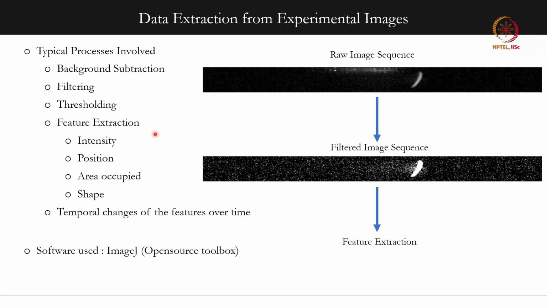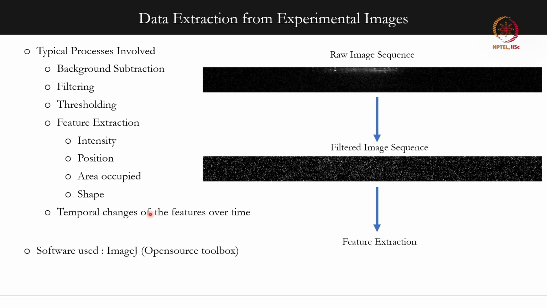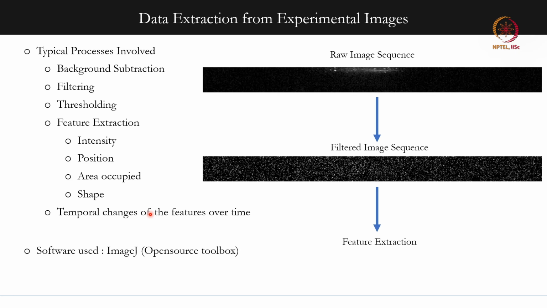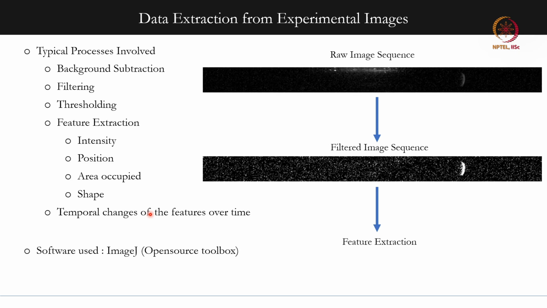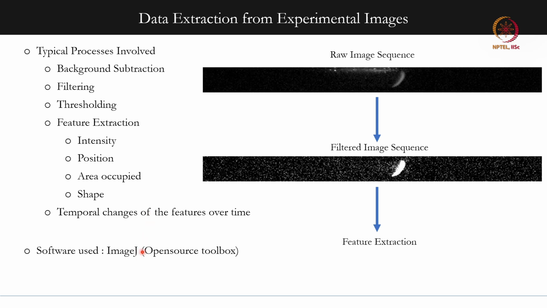Once we have the temporal variation of these features, we'll be able to understand and essentially characterize the dynamics of this problem. For this I'll be using an open source toolbox called ImageAim, which we'll see in the next slide.